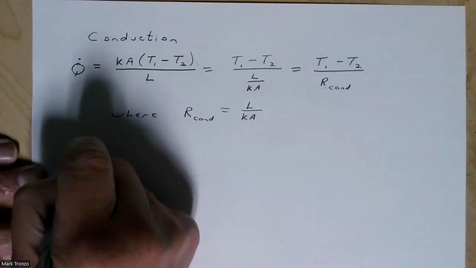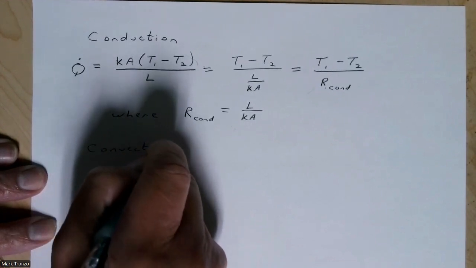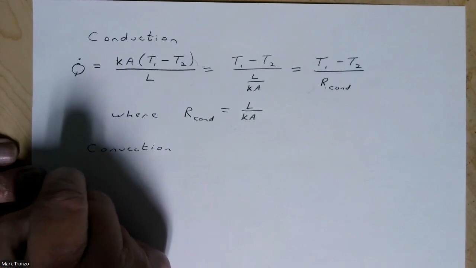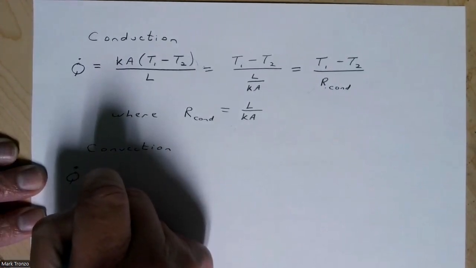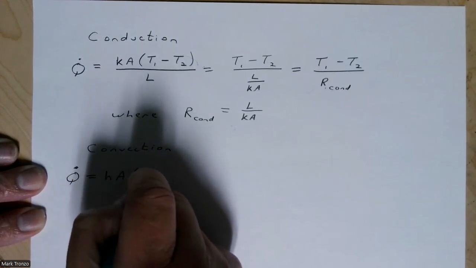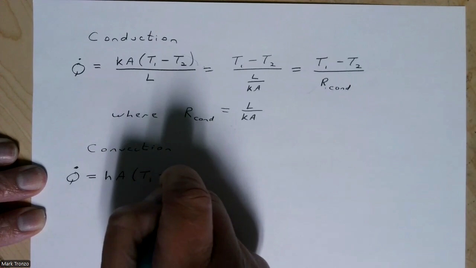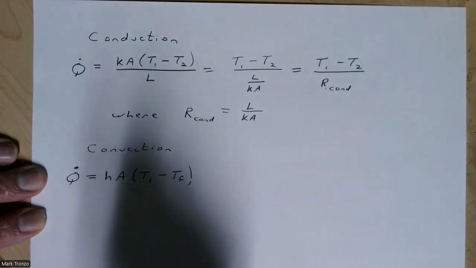So in the same way we have for convection, where we said hA(T1 minus TF), for example.